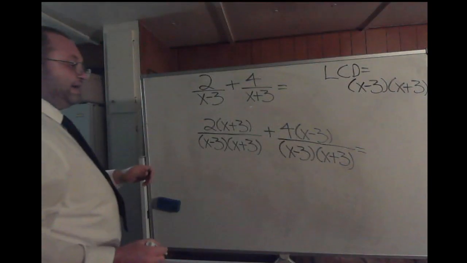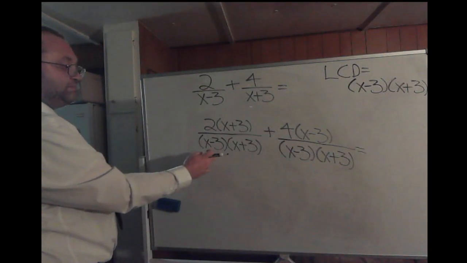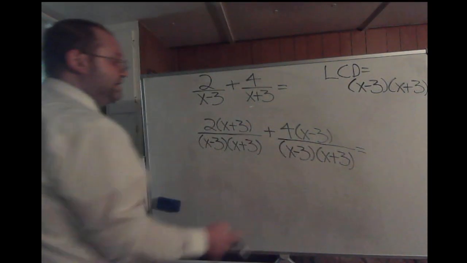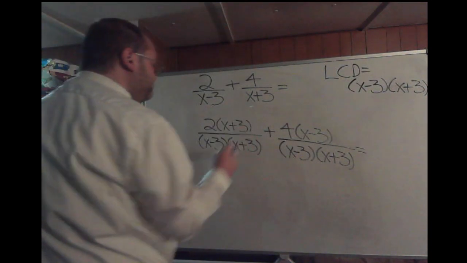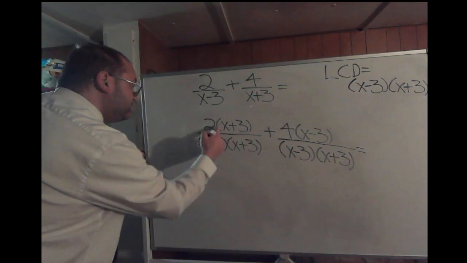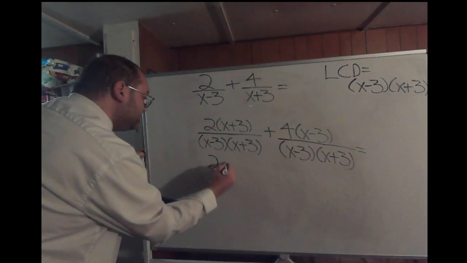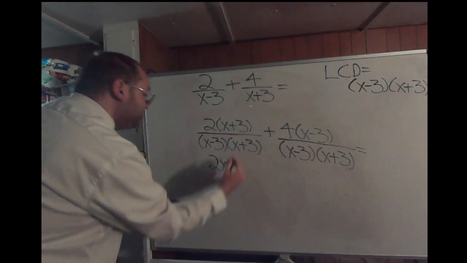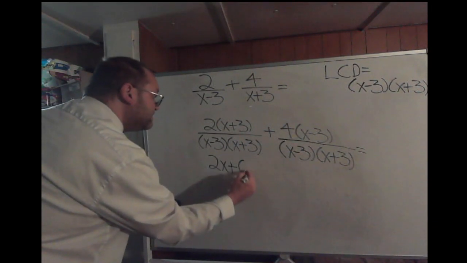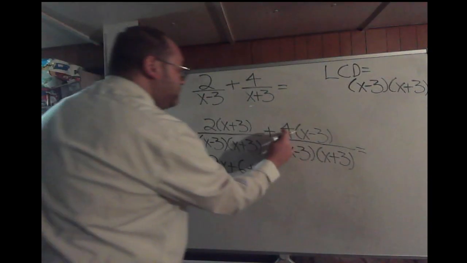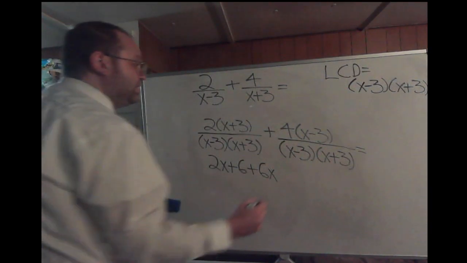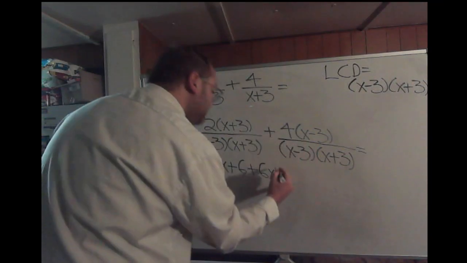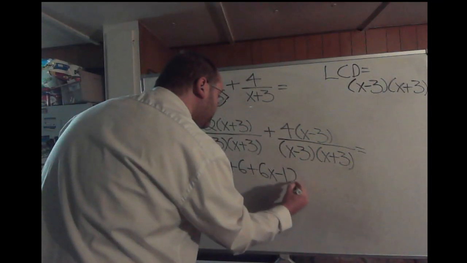And now that we have the same denominator of x minus 3 times x plus 3 on both terms, we can do the addition. But first, let's do a little distributive property. 2 times x, well, that's 2x, plus 2 times 3, that's 6, plus you have 4 times x, well, that's going to be 4x. Then you have 4 times negative 3, well, that's minus 12.